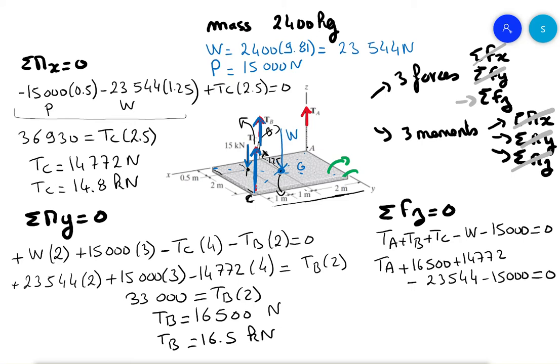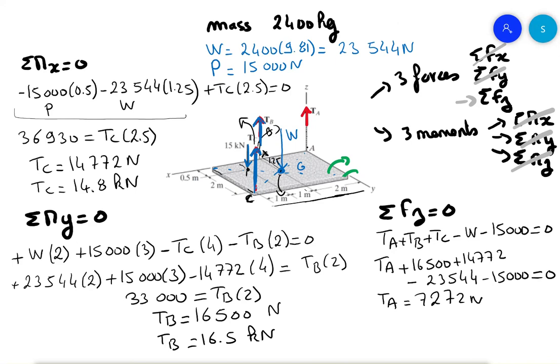It's equal to 0. So when you switch everything on the other side, don't forget to switch your sign. So we have the 23,544 plus 15,000 minus 16,500 and minus 14,772. TA equals 7,272 Newton.